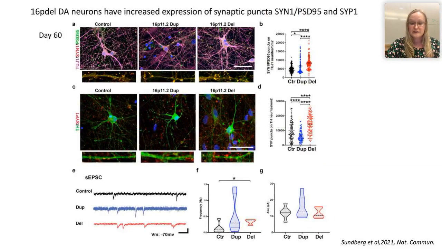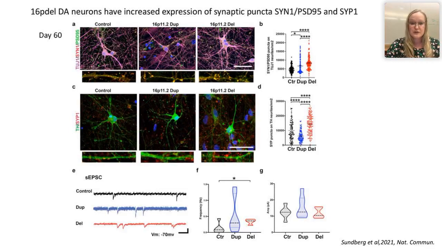And to verify the transcriptional gene expression changes, we wanted to look at the protein level, the synaptic proteins in these cells. So we stained the cells with synapsin 1 and PSD95. And we detected that in the 16p deletion cells, comparable to the transcriptional gene expression data, the markers were significantly increased in the deletion population compared to control cells, shown here in red.